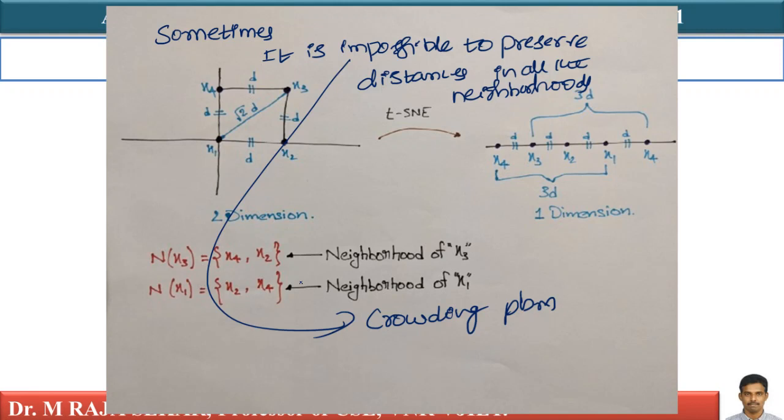And then they said, let's use the T distribution. This T distribution is one of the distributions in statistics, also called the student's T distribution, and it has a shape which is slightly different from the Gaussian distribution.